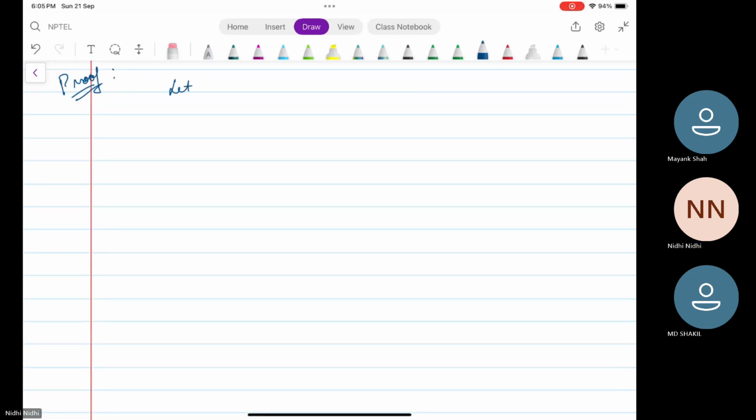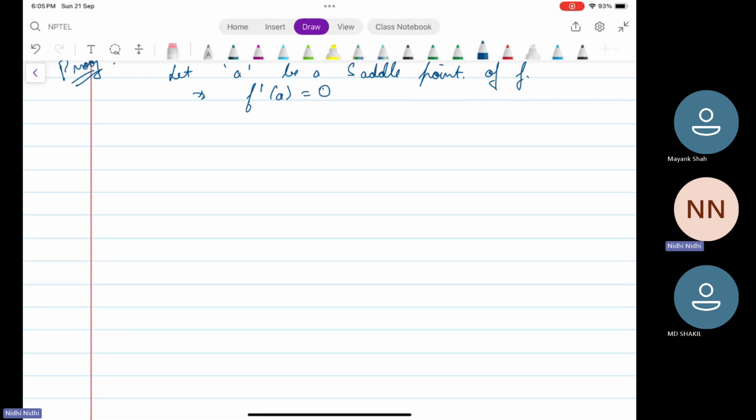Let A be a saddle point of f. This implies clearly A is a critical point, f'(a) equals 0.